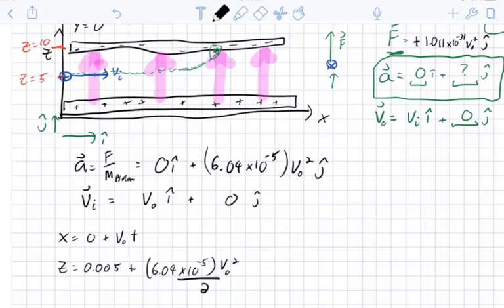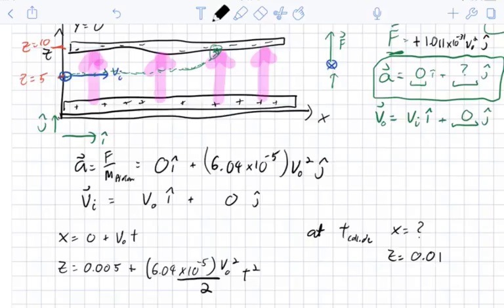So that's the acceleration over 2 times t squared. So at t collide, your x component is unknown, but your z component is equal to 0.01 because it's going to hit the top plate.